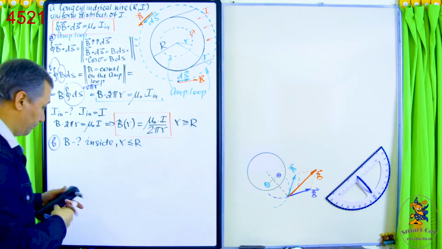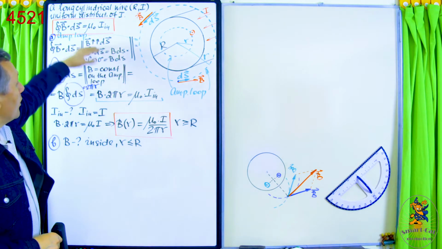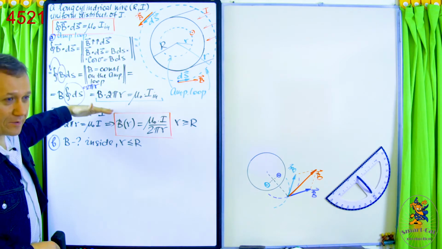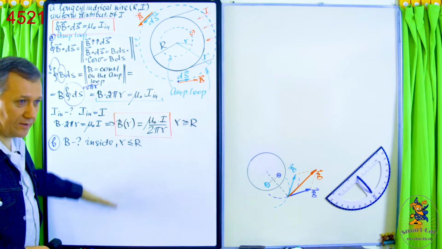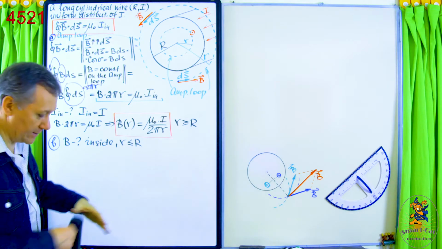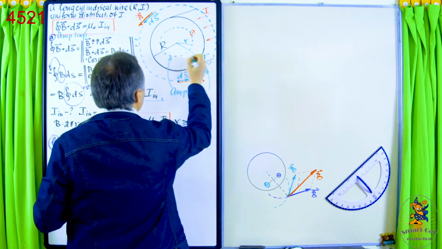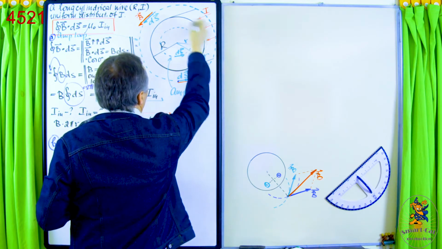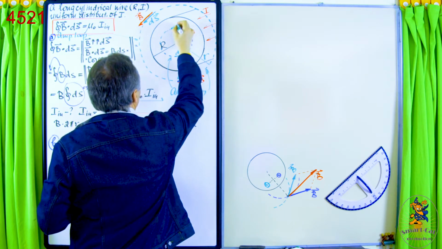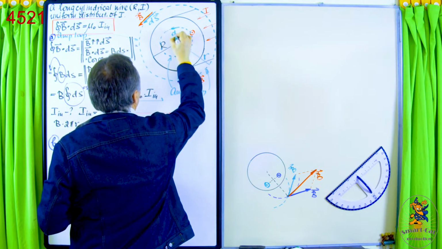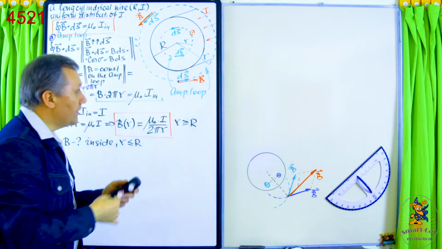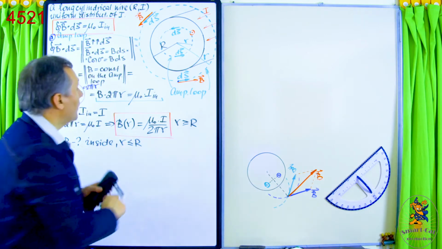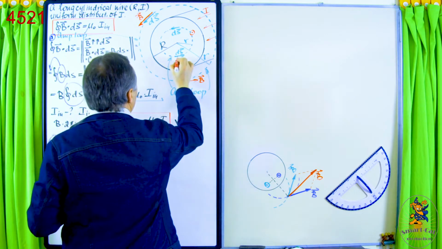Okay, so now all these steps we can repeat here. They will be exactly the same. Again, you will pick the same ds, the same direction of integration. Then again, you can repeat the same justification for my direction of the magnetic field.